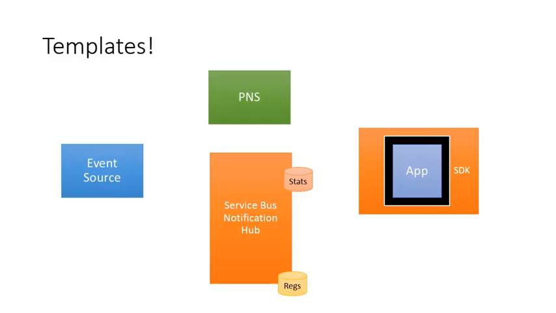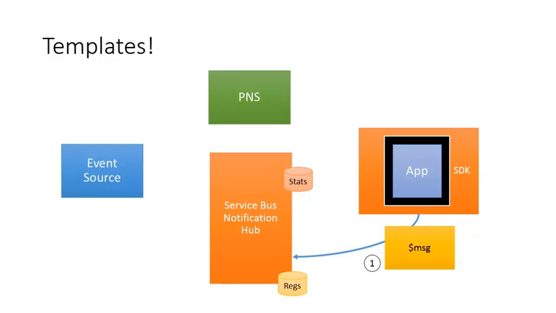Templates are another innovative feature of Service Bus Notification Hubs. Here, the application is fully in control of its own experience. Instead of accepting notifications that are formatted by some external application, by some external backend, the application provides the exact format of notification it wants to receive.